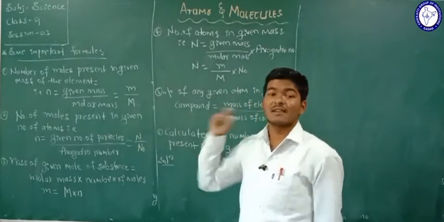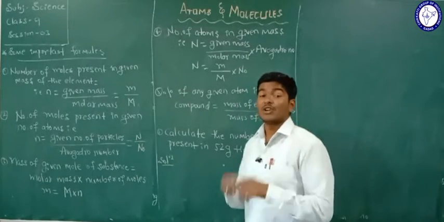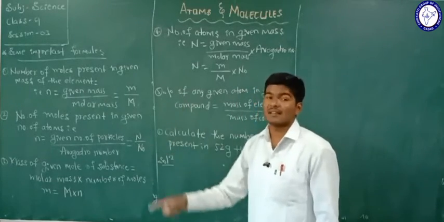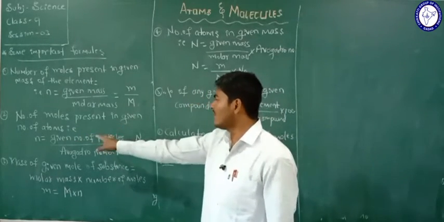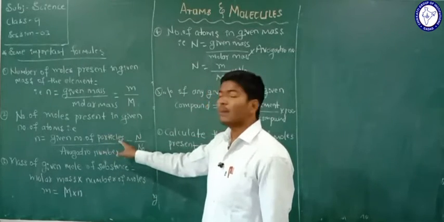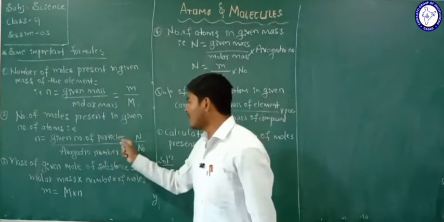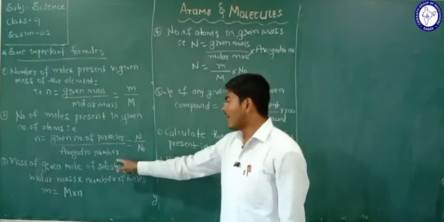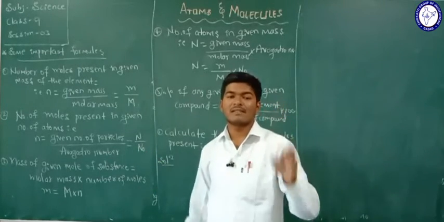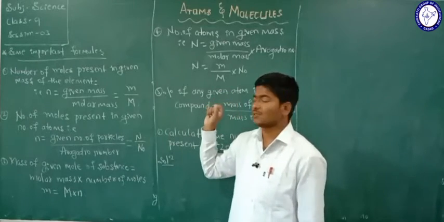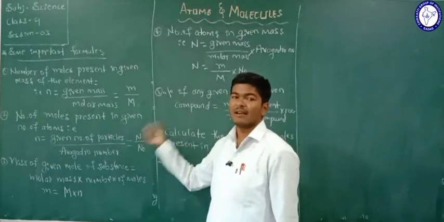But in the second case they give the number of atoms, how many atoms are present. Using the number of atoms, we calculate how many moles are present with this formula: number of moles equals given number of particles, how many atoms are given, divided by Avogadro number, that is given number of particles N divided by Avogadro number, represented by N naught. You already know the Avogadro number is 6.023 into 10 raised to 23. By putting in the values we get the required answer.